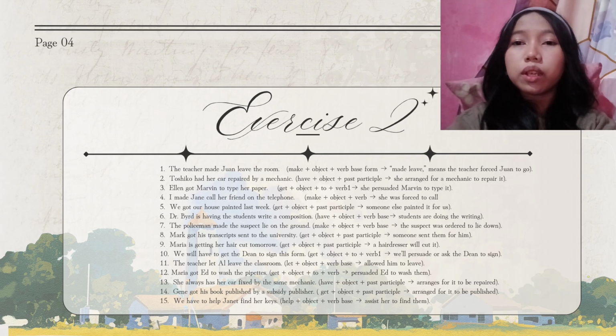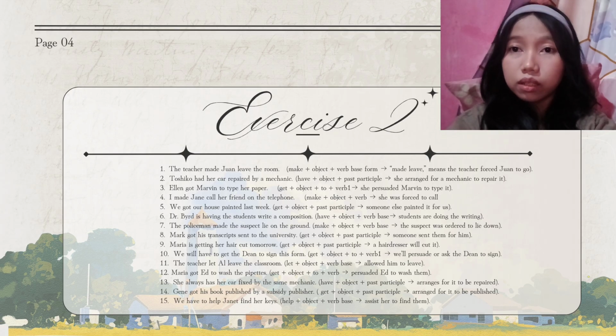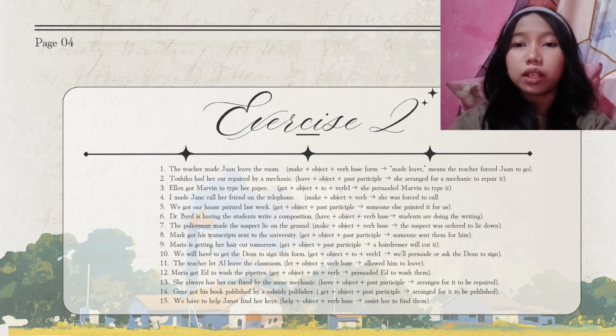So we use get plus object plus past participle when something is done by another person. That means Mark arranged for his transcript to be sent to the university.